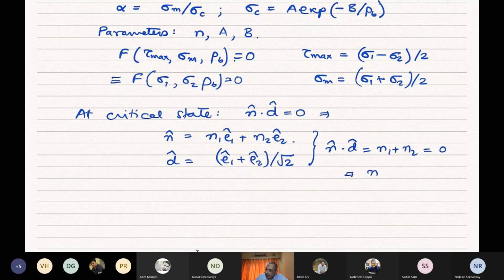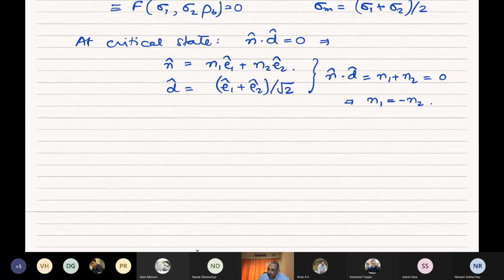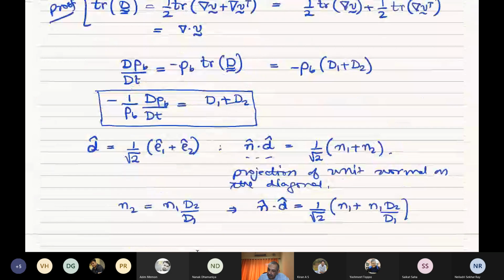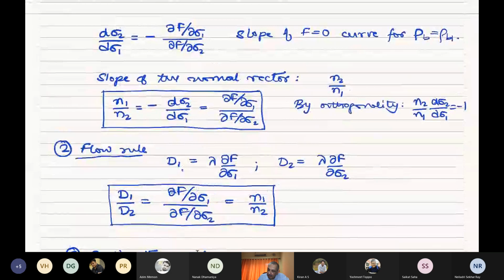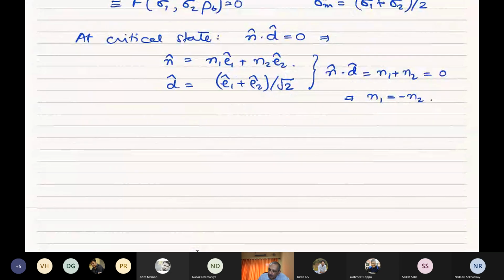This implies that n1 is equal to minus n2. And we have already seen from the previous class that n1 by n2 is just the partial derivative of f with respect to sigma 1 divided by the partial derivative of f with respect to sigma 2.